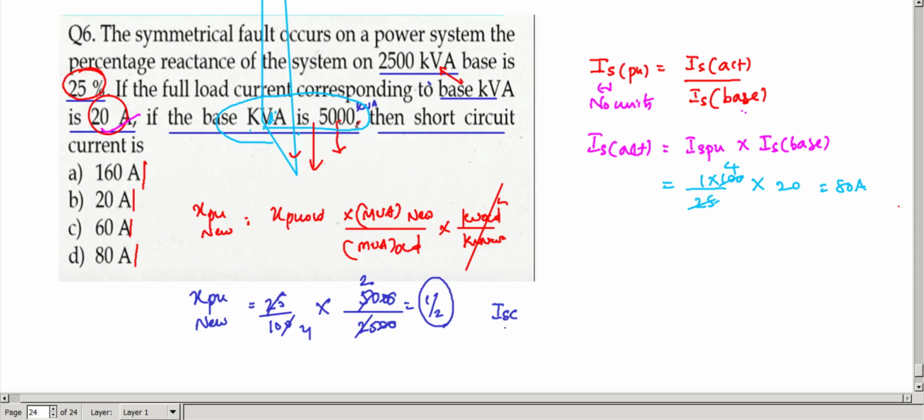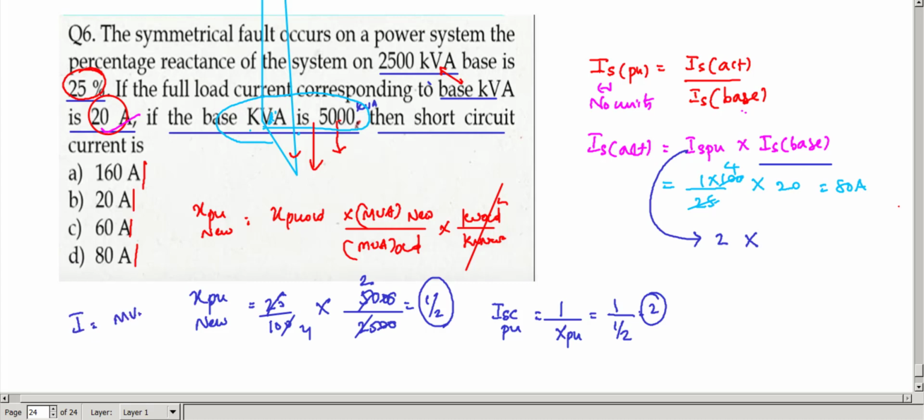So I short circuit per unit equal to, corresponding to this X per unit, that equal to 1 by 1 by 2, I get 2. So I short circuit per unit is 2. Now I want to find IS base. You know that I equal to VA by voltage, volt ampere by voltage.